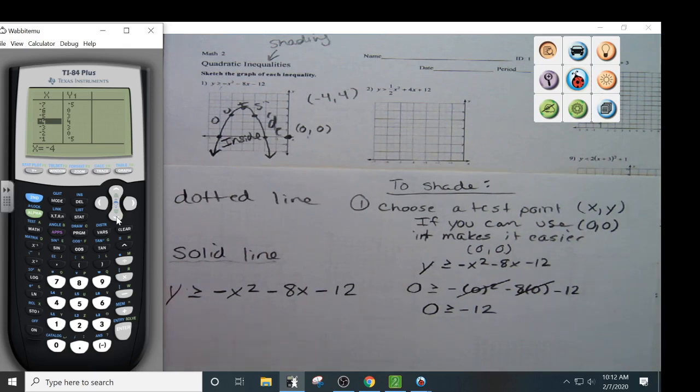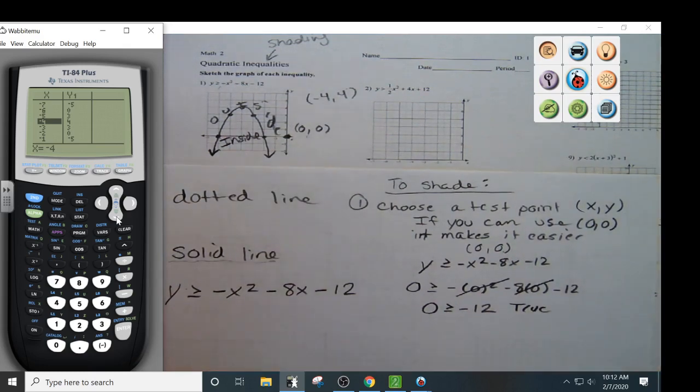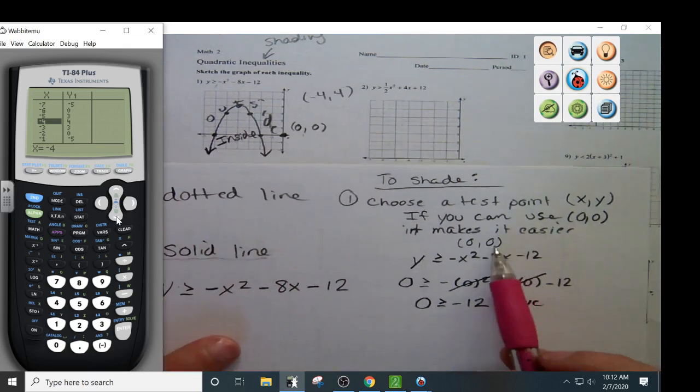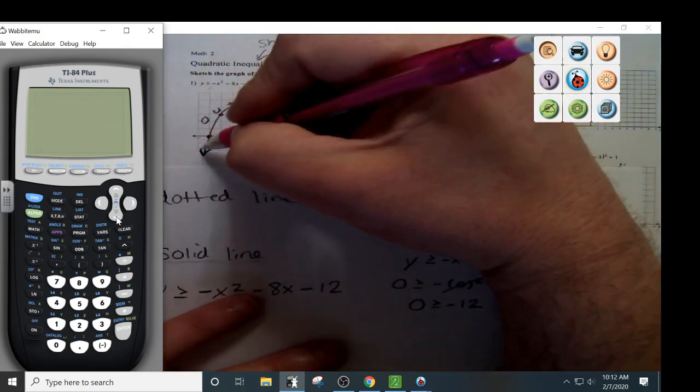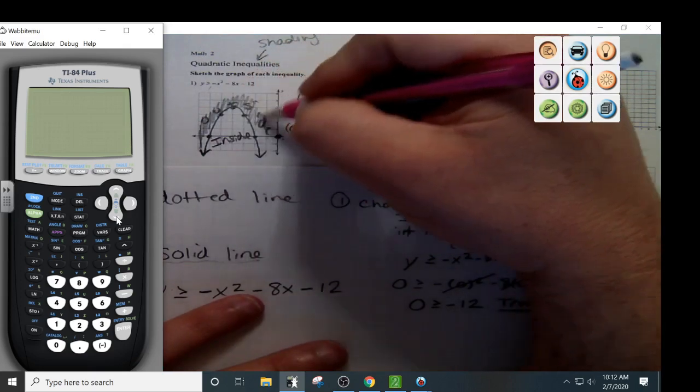It is. This is true. So, guys, what you do, you always shade the region that makes it true, either the outside or the inside. Well, 0, 0 is on the outside, and it did make it true. So that means you will shade the outside. So you shade outside of the parabola.